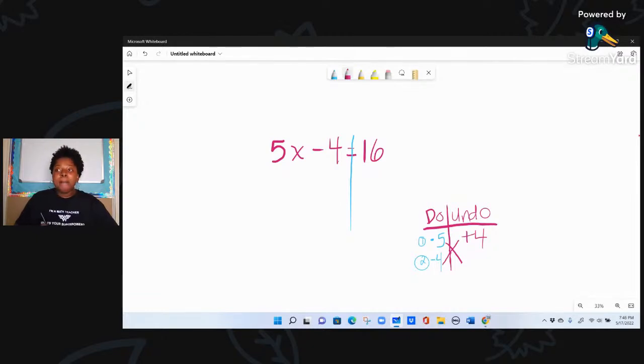So what is the opposite of multiplication? Instead of multiplying by 5, what am I going to do? Good, division. So we're going to divide by 5.